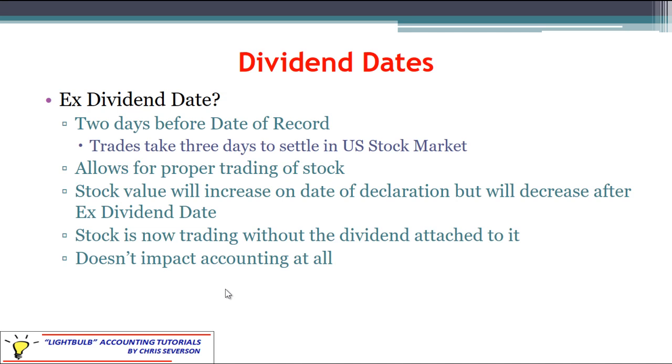If you don't buy it until after the ex-dividend date, even though it may be before the date of record, you're not going to get the dividend, and the reason being that in the U.S. stock market, it takes 3 business days for the trade to settle, for everything to be recognized and recorded properly. So because of that, this ex-dividend date is really more important than even the record date as far as an investor perspective.